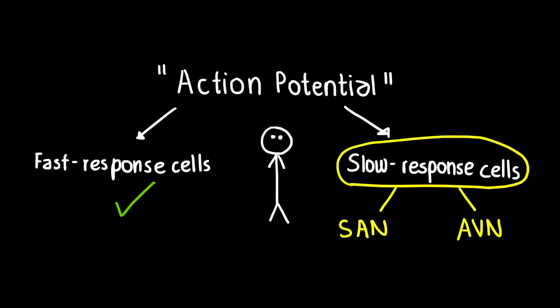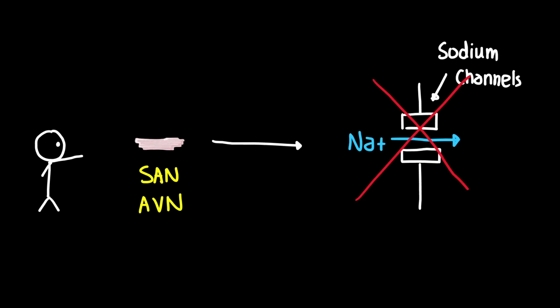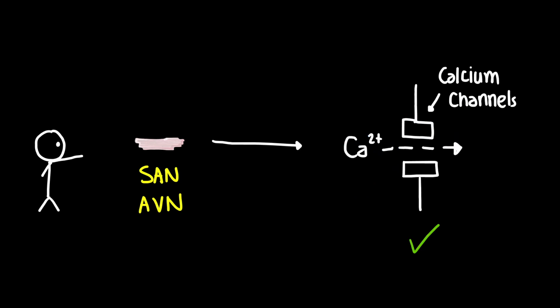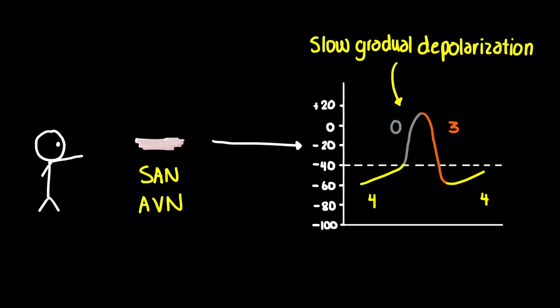But the sinoatrial node and the AV node, the cells you already know, are different. They are slow response cells. They do not use fast sodium channels. They rely primarily on calcium. The result is a slower, more gradual depolarization. And this is not a flaw, it is a design.